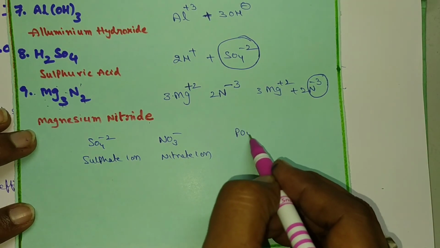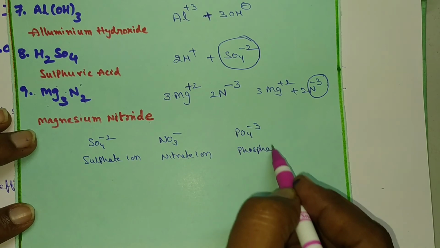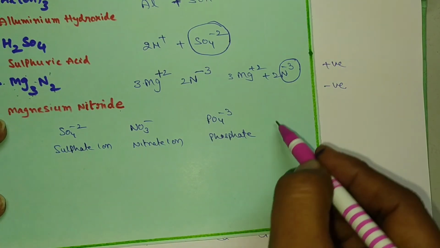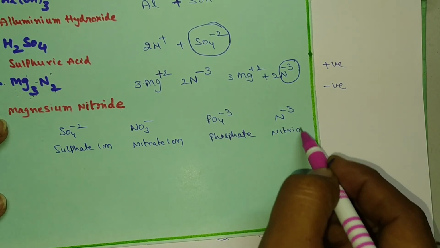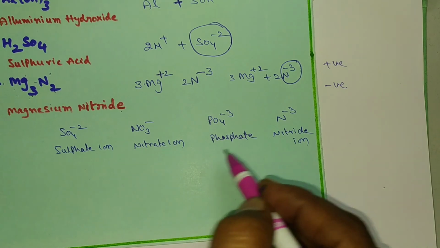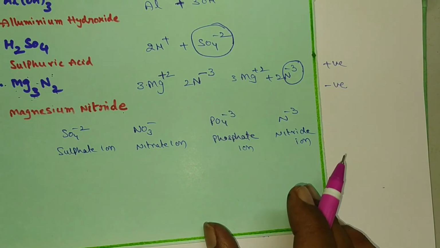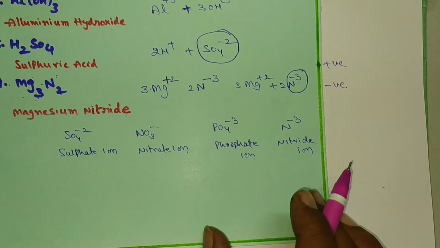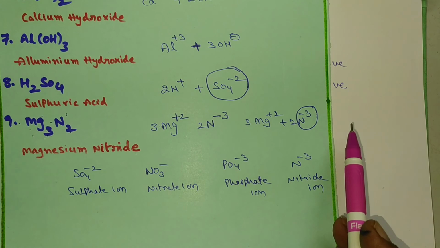Phosphate means PO4 minus 3, that is the phosphate ion, and N minus 3, that is the nitride ion. So all these are ions: sulfate ion, nitrate ion, phosphate ion, and nitride ion. While dissociating, the common procedure is this one.